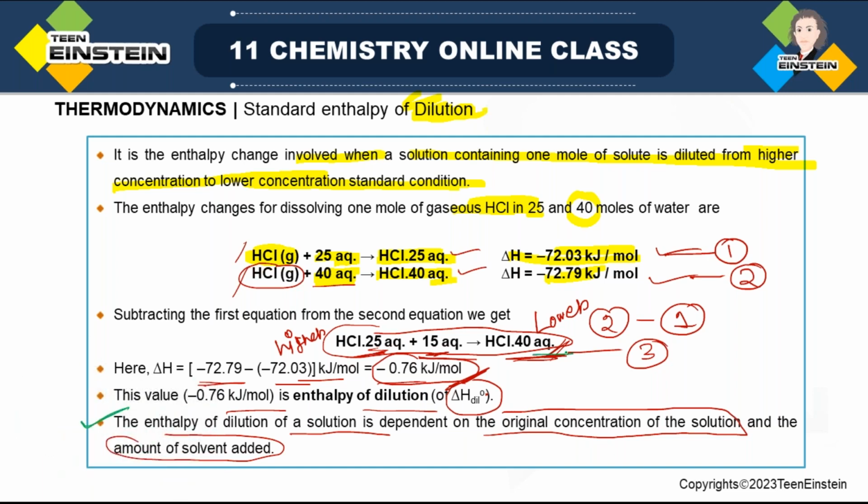It means in this equation, whatever value we have obtained is dependent on the initial dilution concentration, because instead of 25 it may be 30, it may be 31, anything, okay, and also the amount of solvent you are adding. In this case it is 15 moles of water, but it may be different also. So it is dependent on these two factors: original concentration and the amount of solvent you have added. Okay.